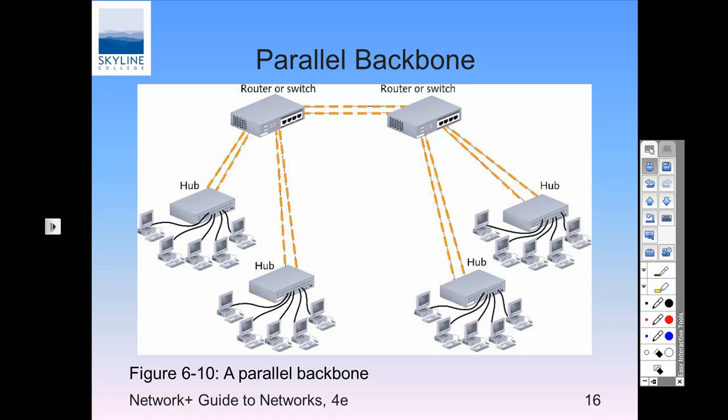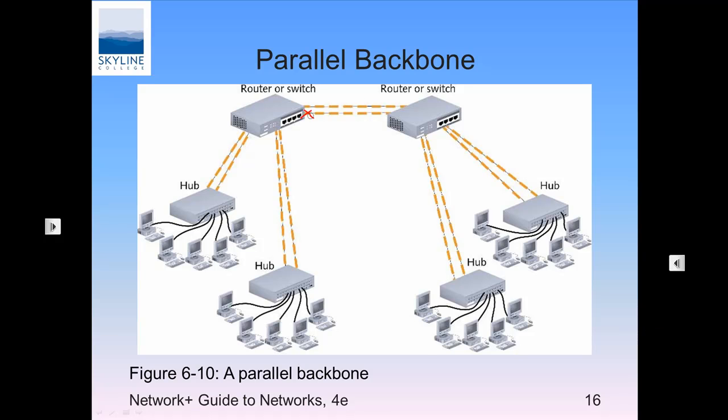Router or switch, let's say this is deceptive. This will look really cool, right? This will work, but there are other protocols involved. And what's going to happen here is one of these ports has got to be turned off. Why?